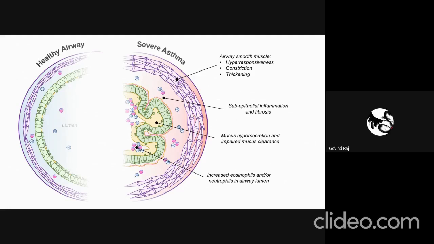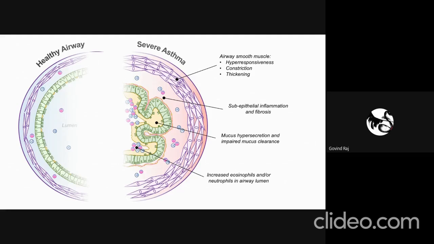Mucus gets settled in the pathway, and this mucus further aggravates the inflammation and increases the eosinophils and neutrophils. As the inflammation increases, neutrophils and eosinophils will be recruited to manage this problem, so there will be a lot of biochemical changes, and remodeling of the structures will take place, leading to more chemokines and more prostaglandins being recruited here, and this causes a further aggravated situation.